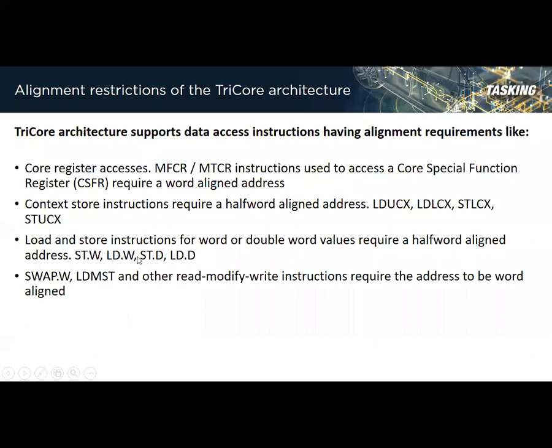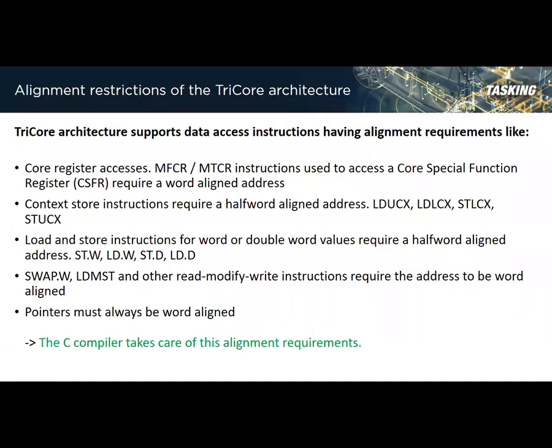And instructions like swap or load-modify-store have word alignment requirements, and pointers must be word aligned. About these topics, if you don't program in assembly language, you don't have to worry that much about it, because the compiler takes care of fulfilling these alignment requirements, which are related to certain instructions which cannot be applied on byte-aligned addresses.